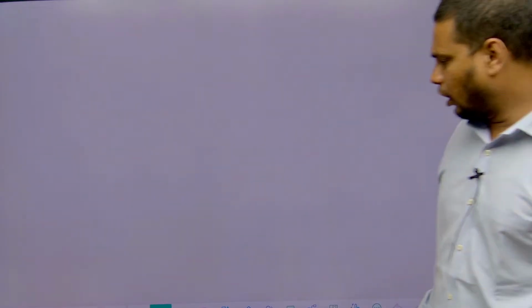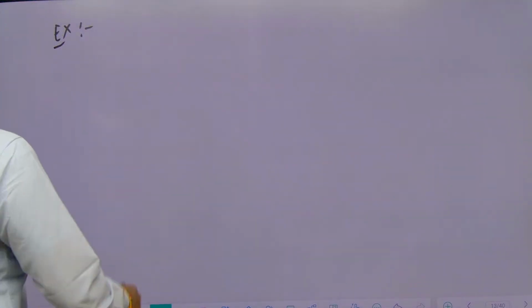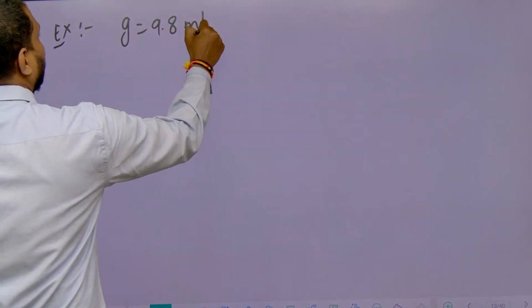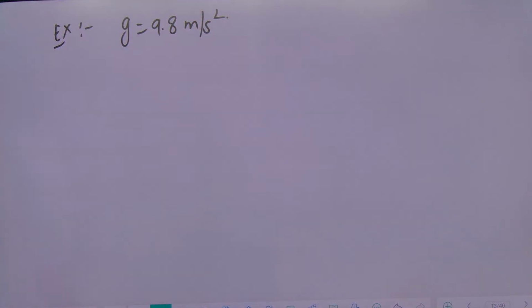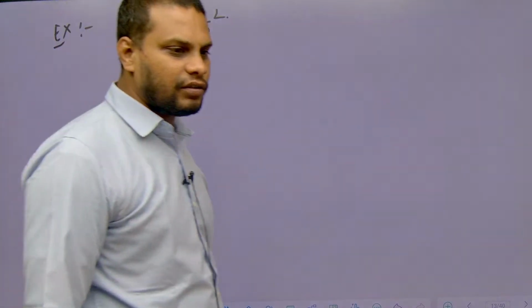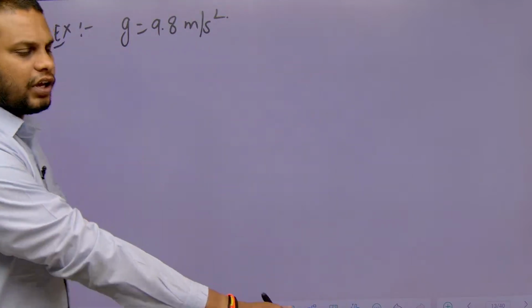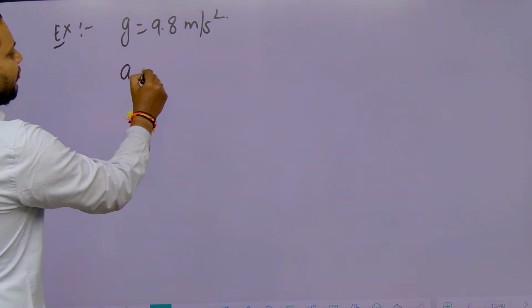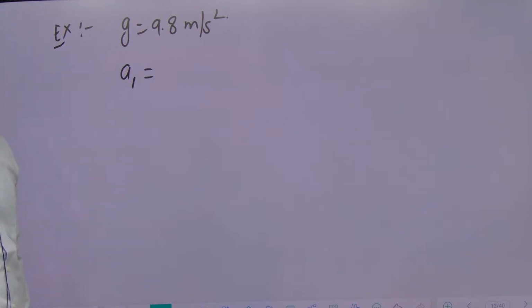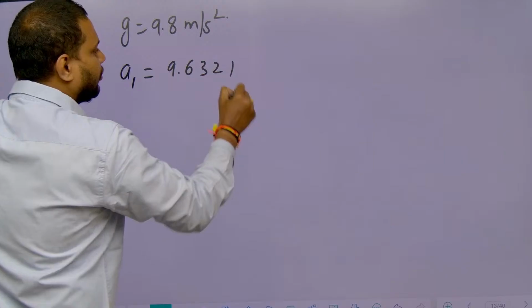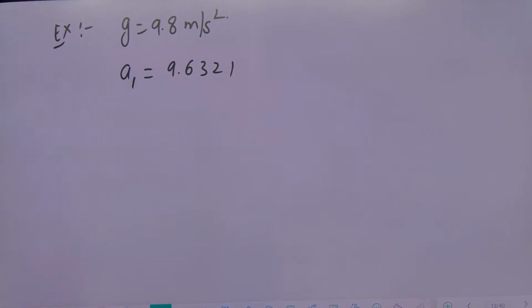Now I will give you an example. I'll take the acceleration due to gravity g value as 9.8 meter per second square. Now see, the first reading A1, I got 9.6321.